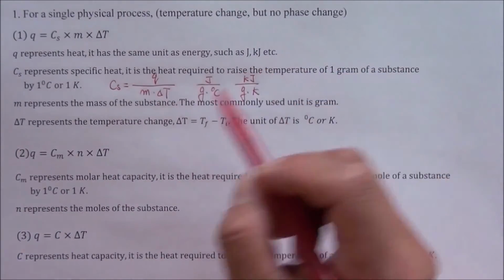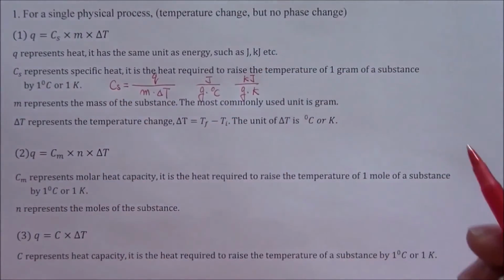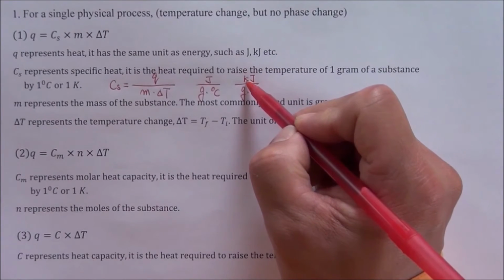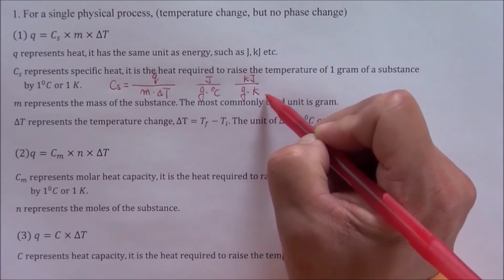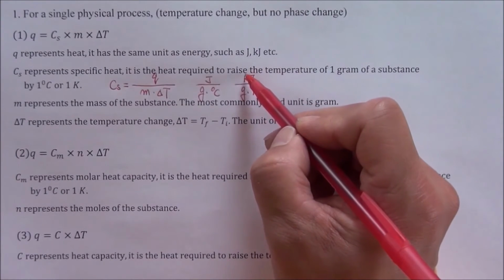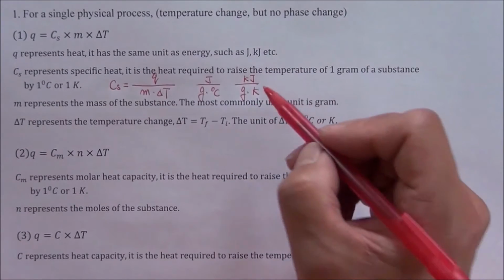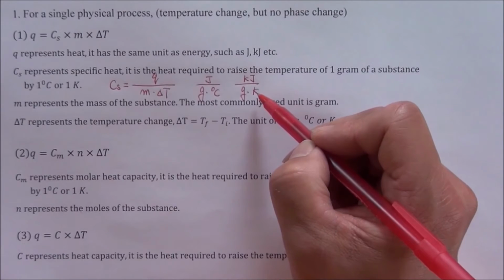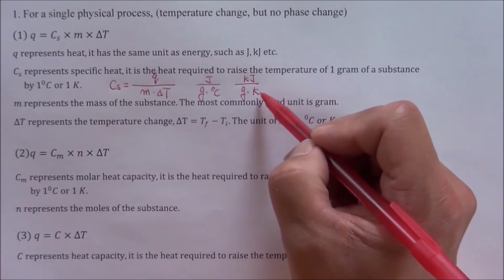This is also a unit for specific heat. But I want to remind you, the K here on top and the K at the bottom, they represent different things. The K on top represents kilo. The K at the bottom represents the temperature unit, Kelvin.